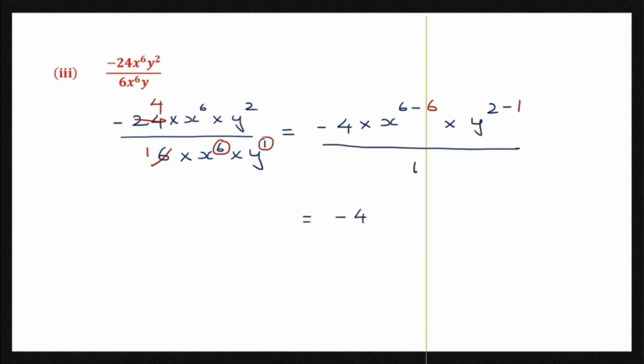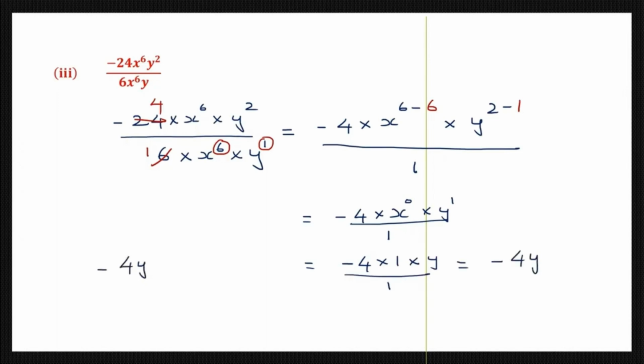So minus 4 into x to the power of 0 into y to the power of 1 by 1, which is minus 4 into 1 into y by 1, which is simply minus 4y. So our final answer is minus 4y.